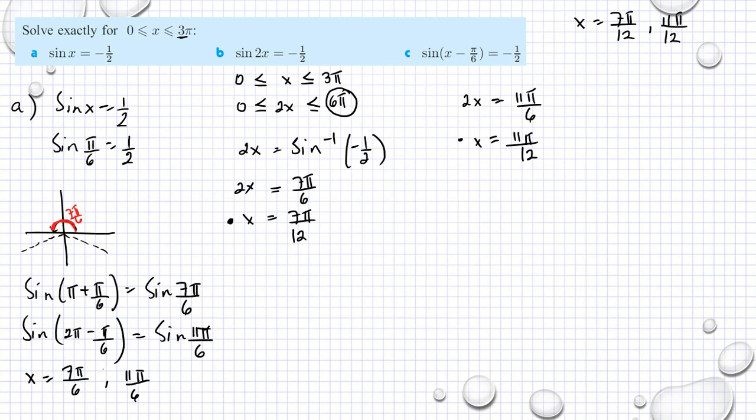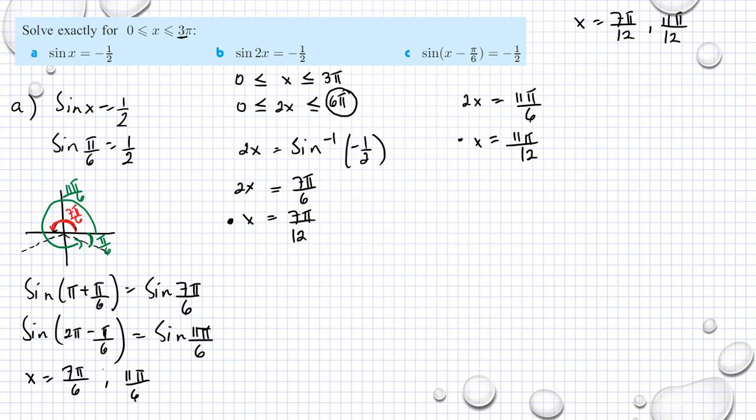And if I'm going to write another, this one, that is 11 pi divided by 6. And this is pi divided by 6.